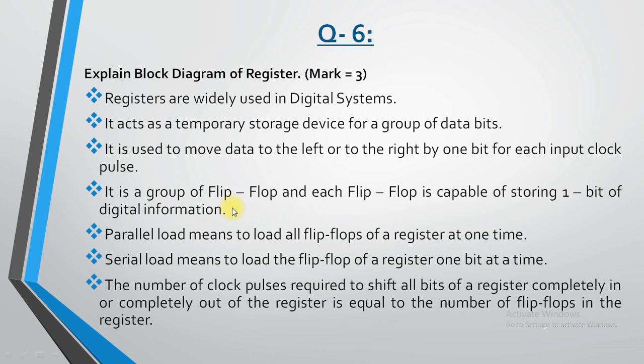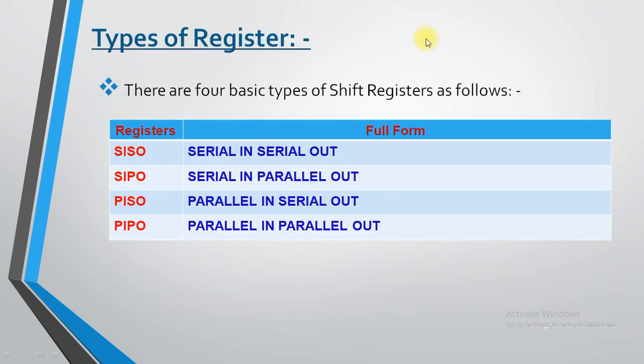Now let me move towards the next slide, which represents the different types of registers available in the digital system. There are 4 types of registers available. Here is the short form of the register on the left side, and here is the full form of that register.